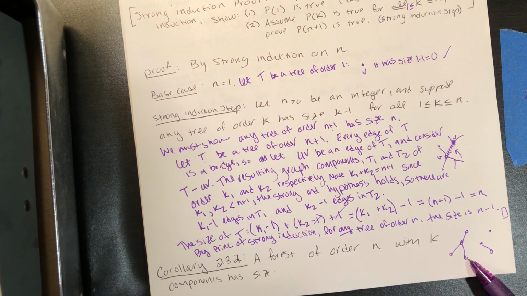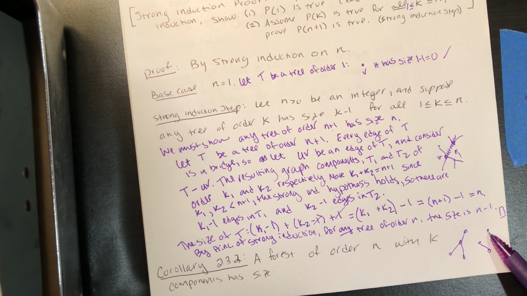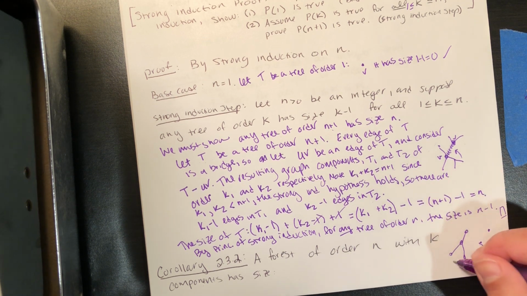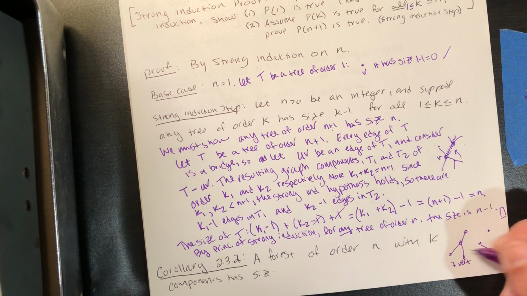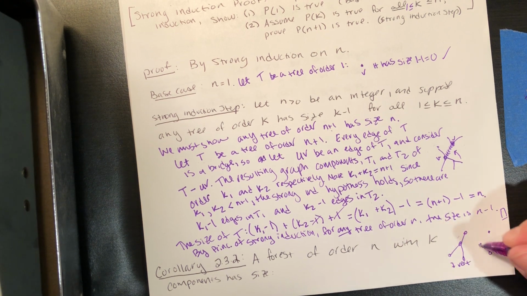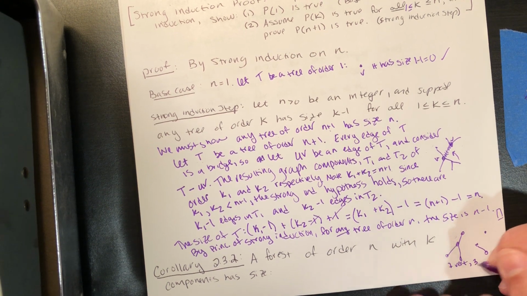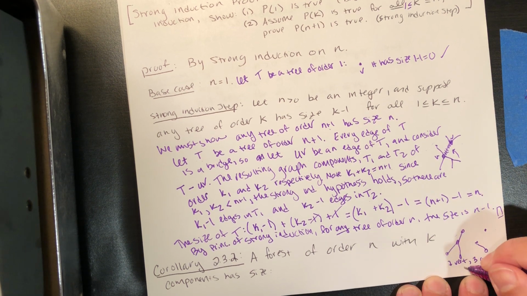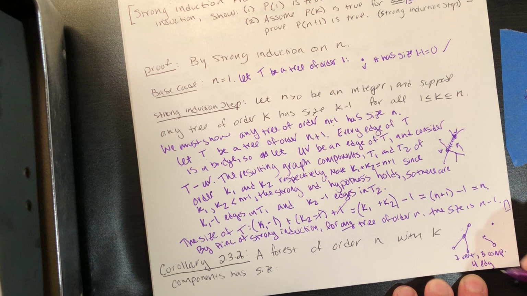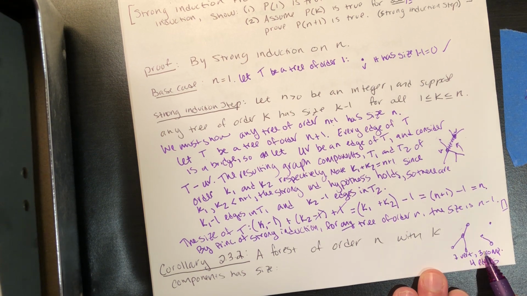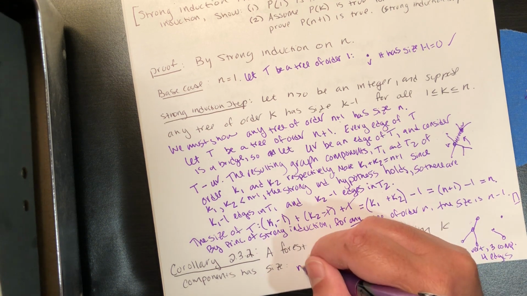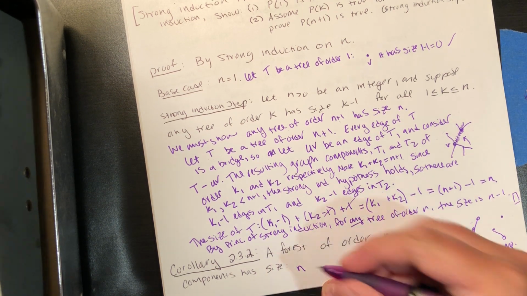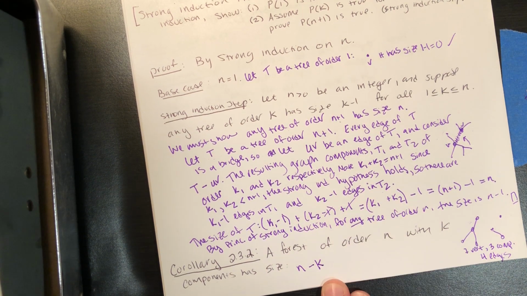I have 1, 2, 3, 4, 5, 6, 7 vertices. I have 3 components, this sort of T-shaped thing, this one and this one. And the number of edges also happens to be 4. So it would seem maybe 7 minus 3 is the number of edges. In fact, this is correct. A forest of order n with k components is going to have size n minus k.